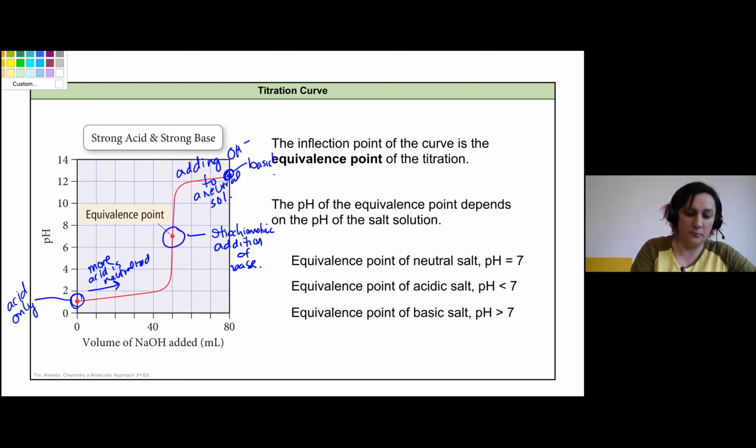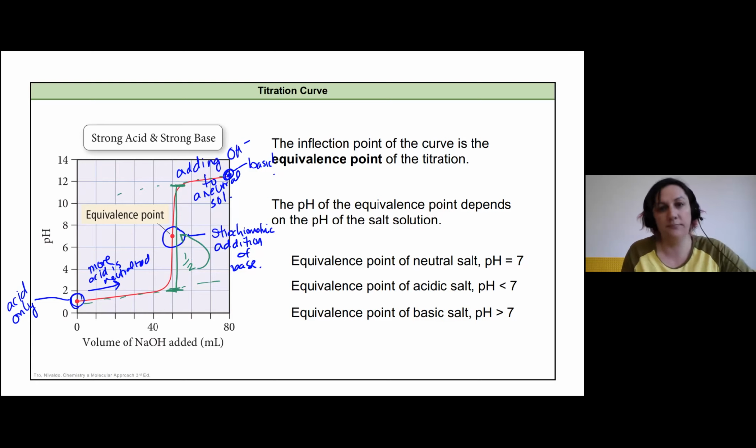And so I can always come in and extend these lines here. And if I look between these right here at exactly 1/2 the height, I'm going to find that equivalence point. And so hopefully this pattern becomes familiar.